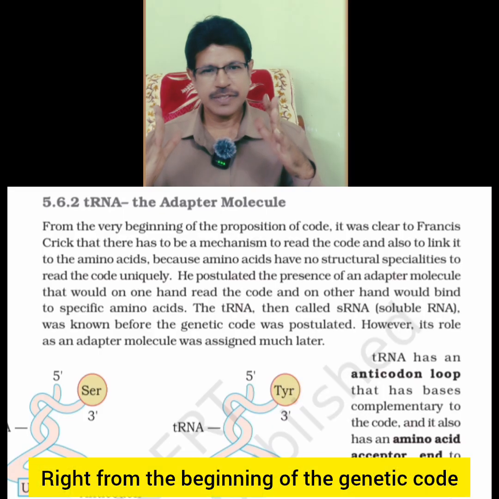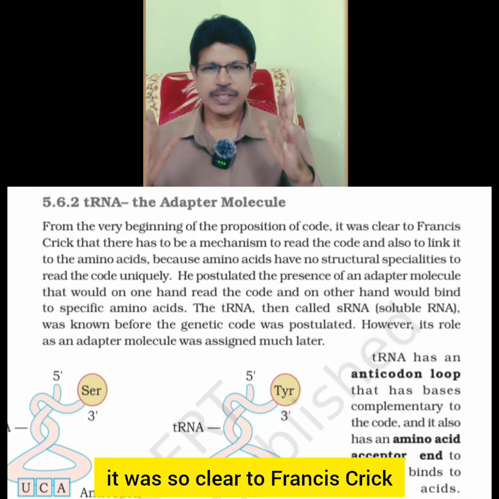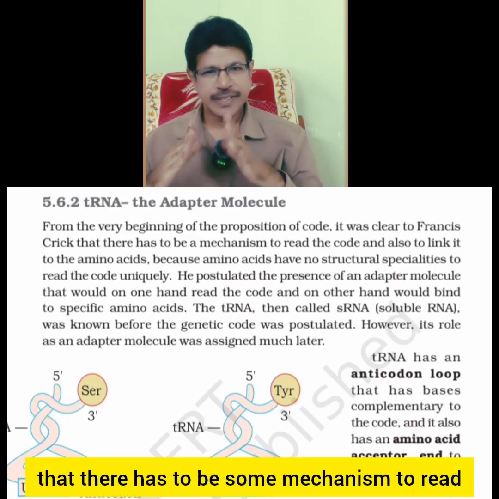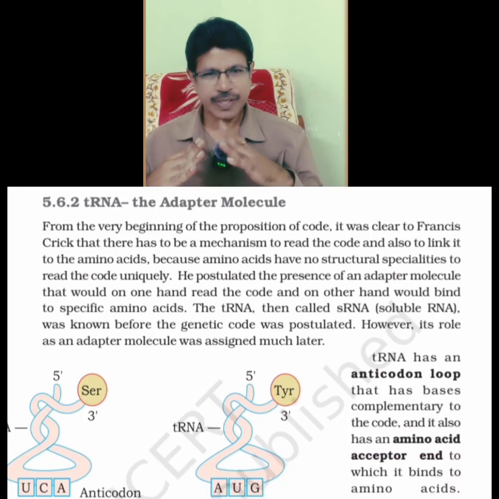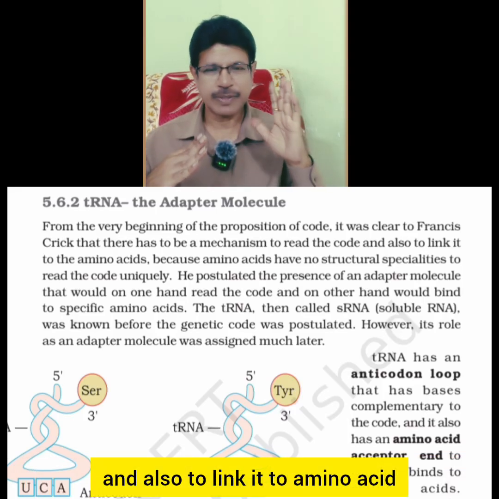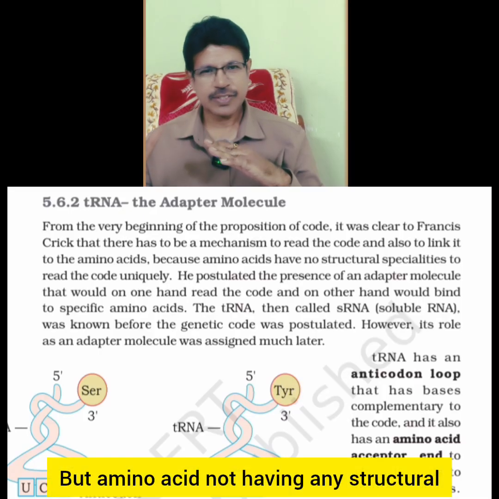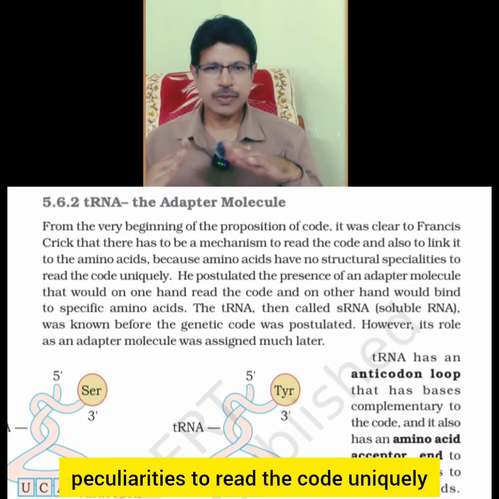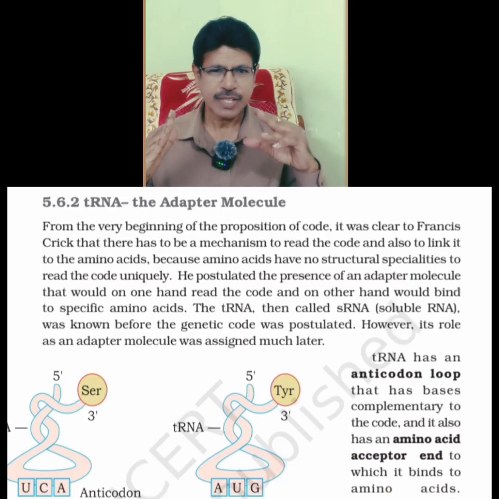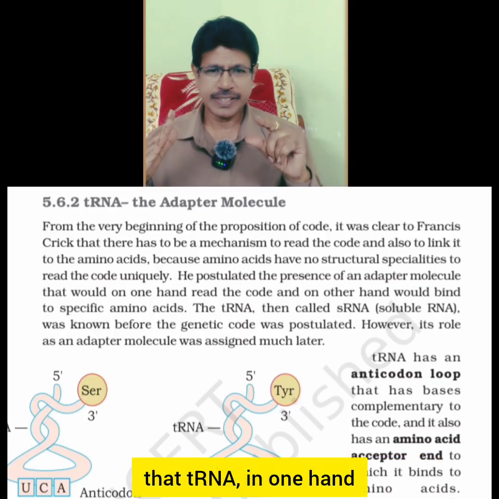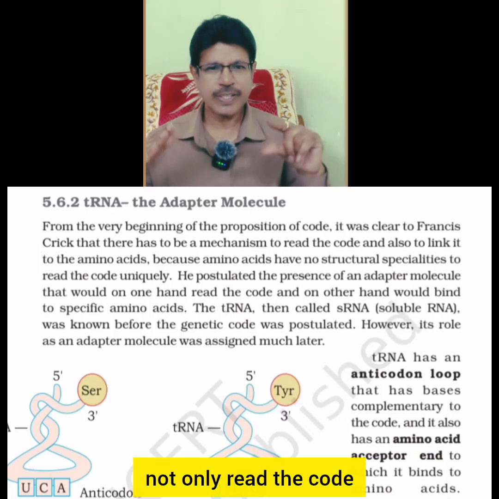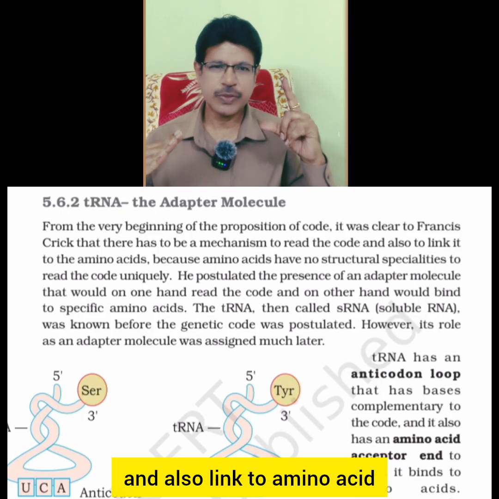Right from the beginning of the genetic code, it was clear to Francis Crick that there has to be some mechanism to read the code uniquely and also to link it to amino acid. But amino acids do not have any structural peculiarities to read the code uniquely. So it is inevitable that tRNA not only reads the code but also links to amino acid.